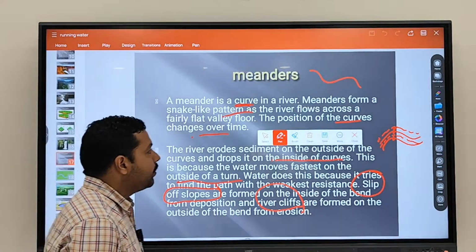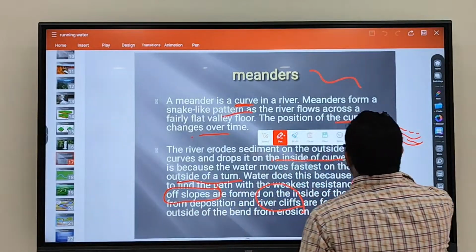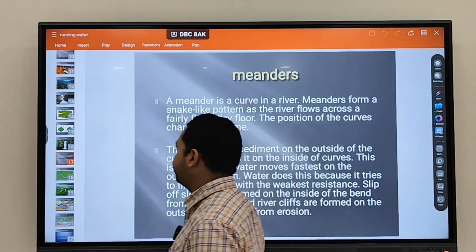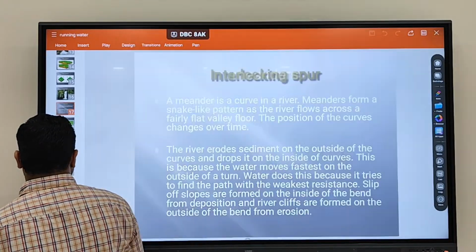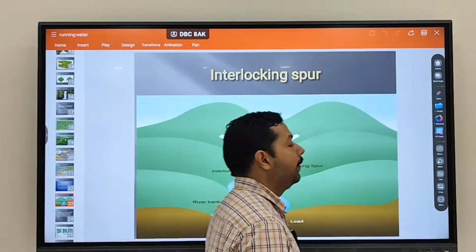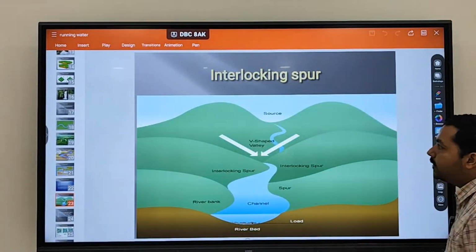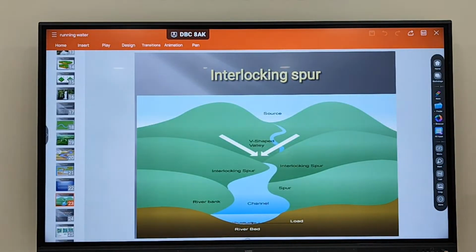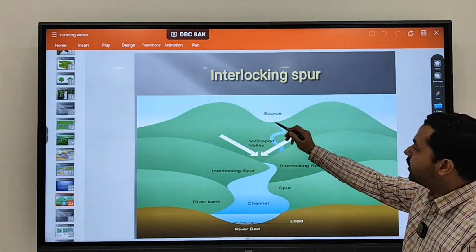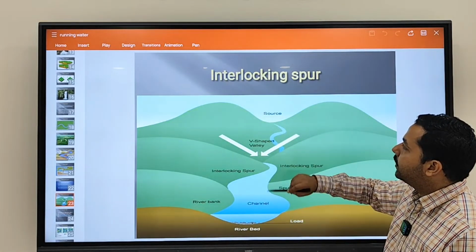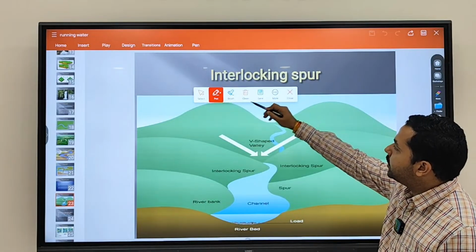Now what is an interlocking spur? Now this is basically an interlocking spur. Clear? This is the source of the river, from where the river is originating.